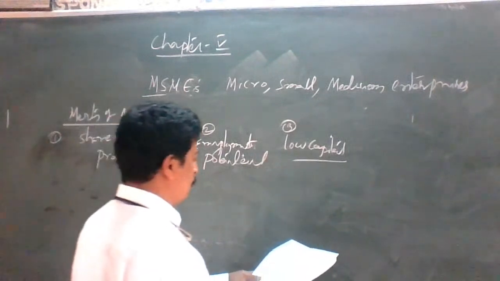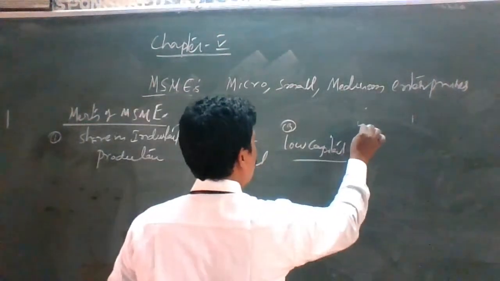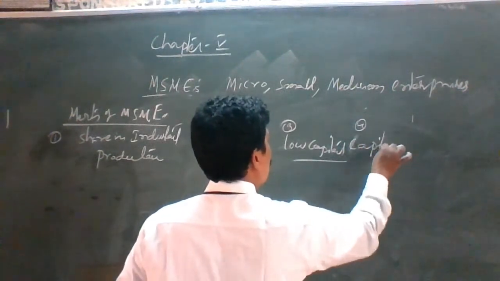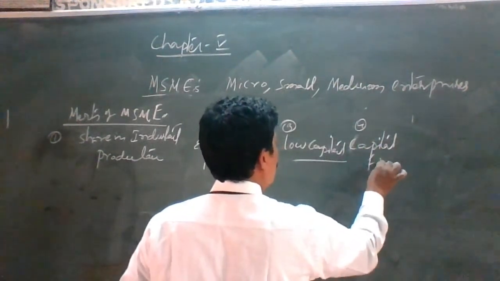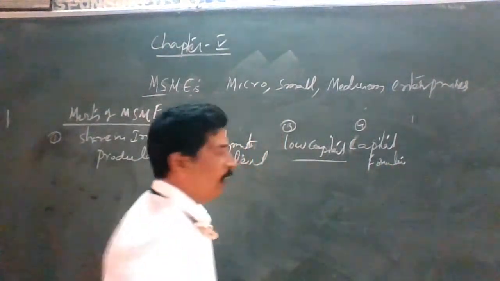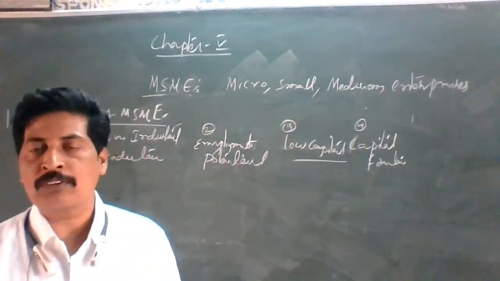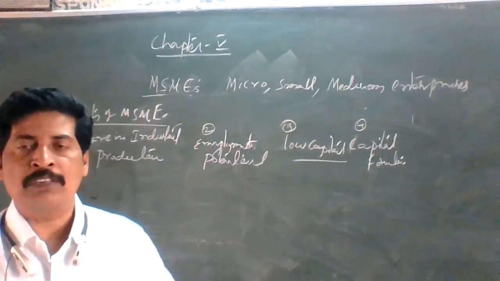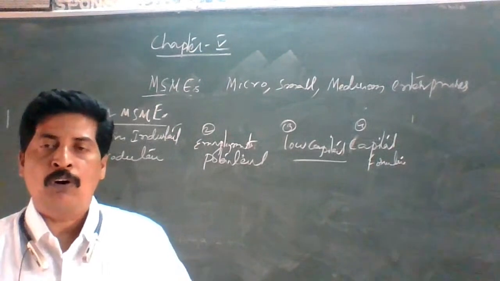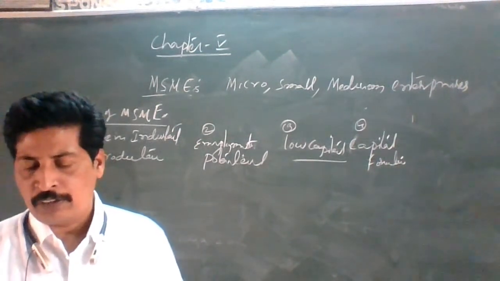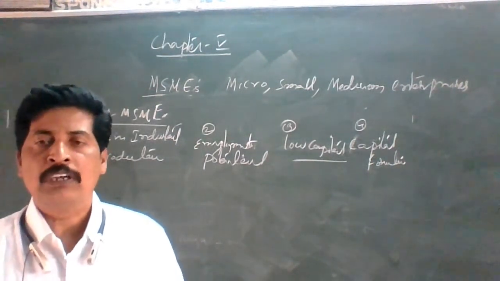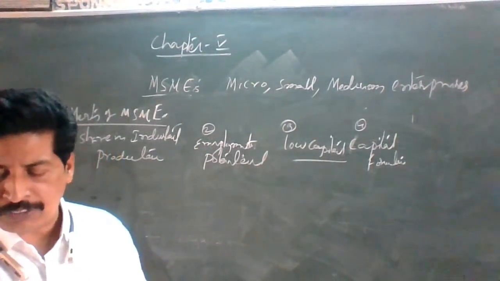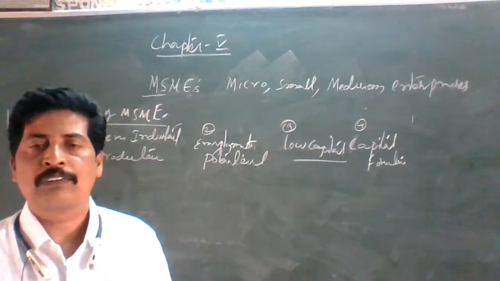Then the fourth one is capital formation. Capital formation is also very easy when MSMEs are functioning, because people can have the habit of thrift and invest in rural areas.